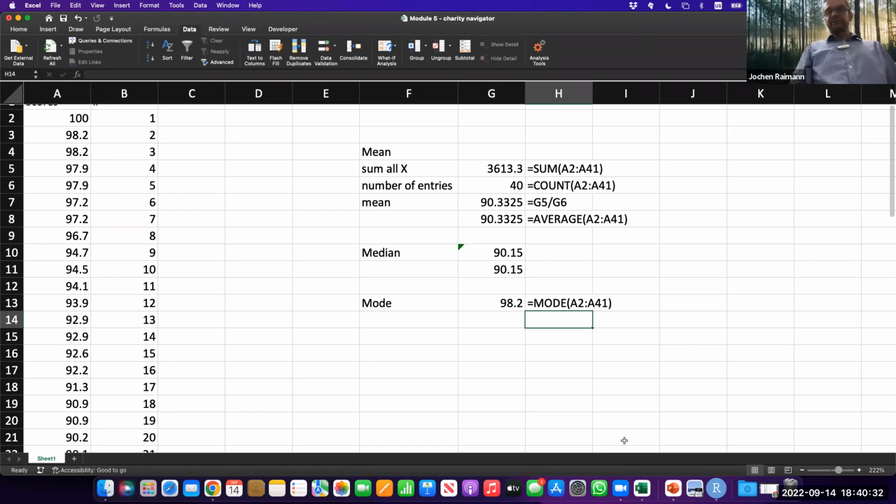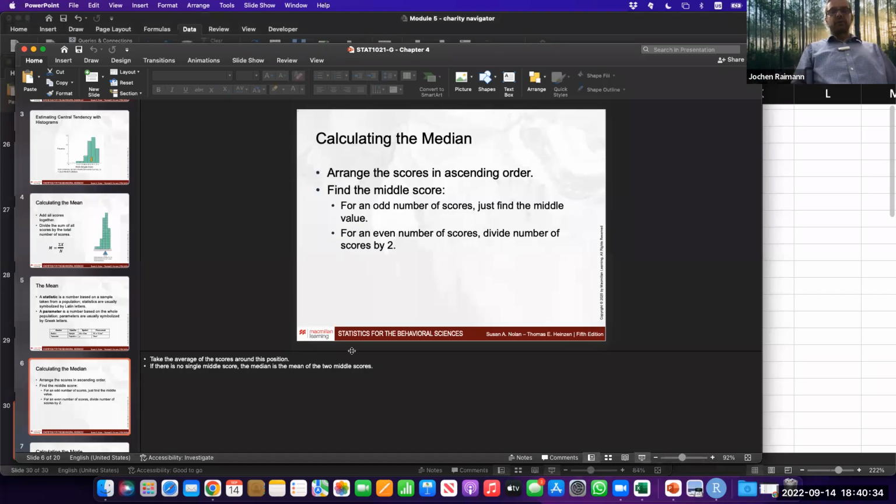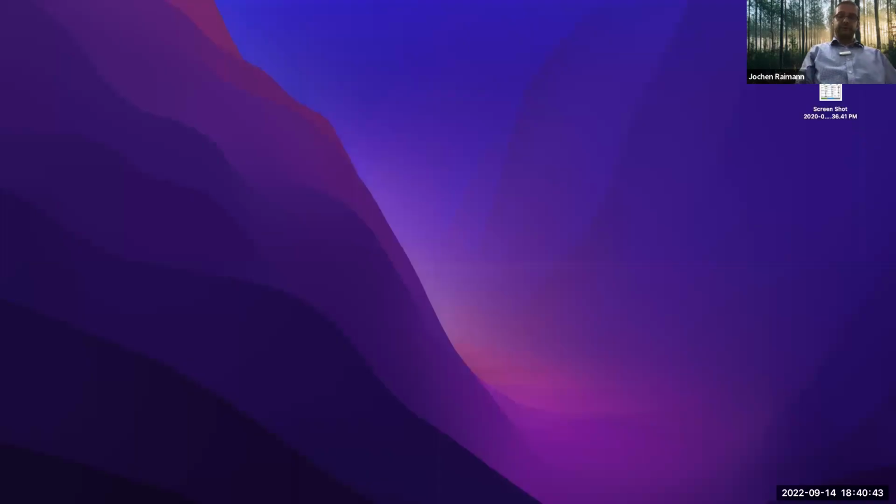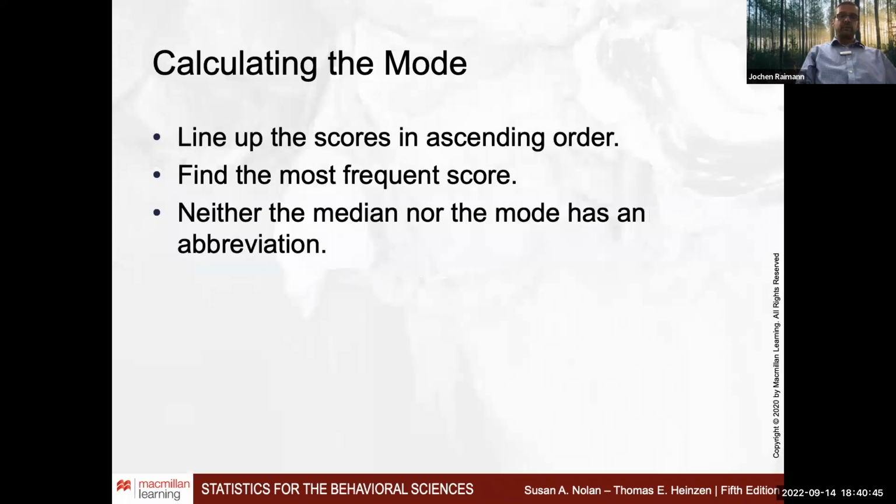But the definition of the mode is that it's the most often occurring value, which constitutes the peak of this frequency polygon. So the highest value will be your mode. You have to line them up in ascending order, and then you just find the most frequent score if you don't want to use the function.